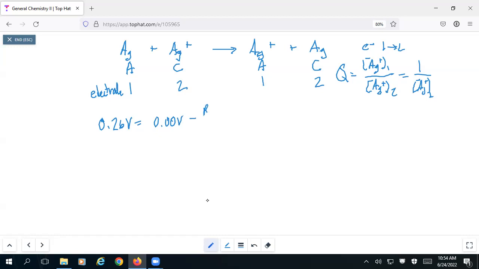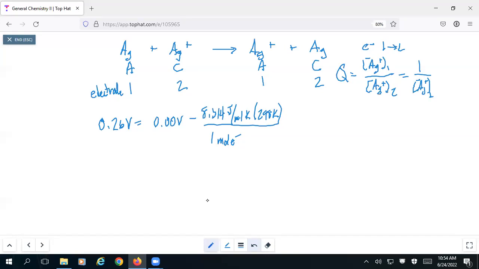Minus RT over NF, so 8.314 joules per mole Kelvin, 298 Kelvin. This is a 1 electron process this time, though. It only takes one electron to go from silver to silver ion.